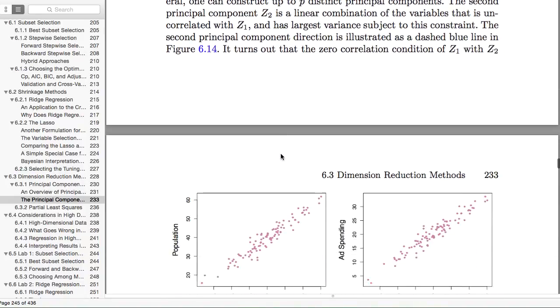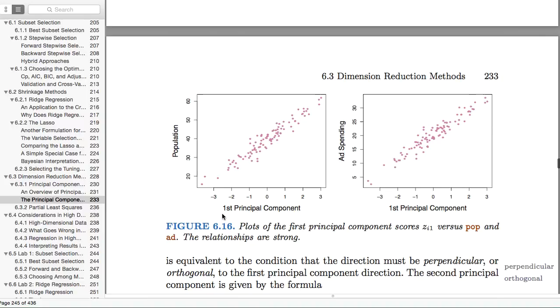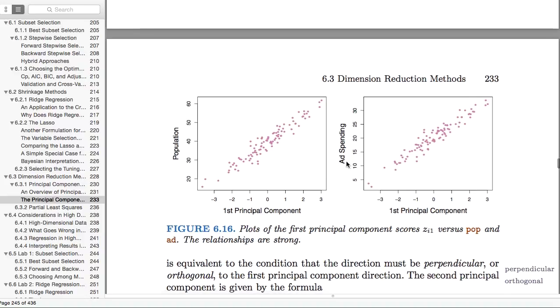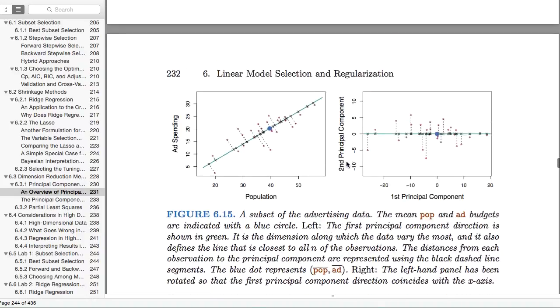Now, in this particular case, in the case of our population and ad, there's a very strong correlation between the first principal component and population and the first principal component and ad spending. These are highly correlated, and we're relying on that. We're relying on there being high correlation.